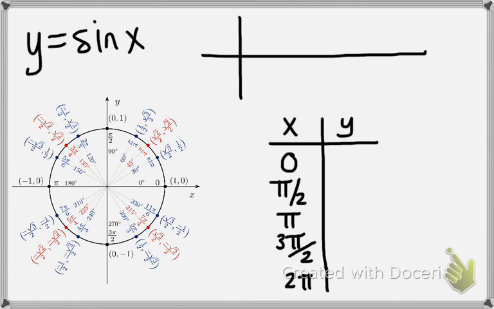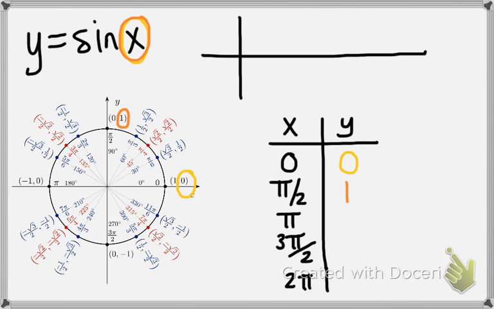So, if you'll recall, on the unit circle, the sine value is the y value of the coordinate with that radian value. So if I substitute 0 in for x in the sine function, my y value, after I evaluate that function, is 0. If I substitute pi over 2 into the sine function, my value is 1.